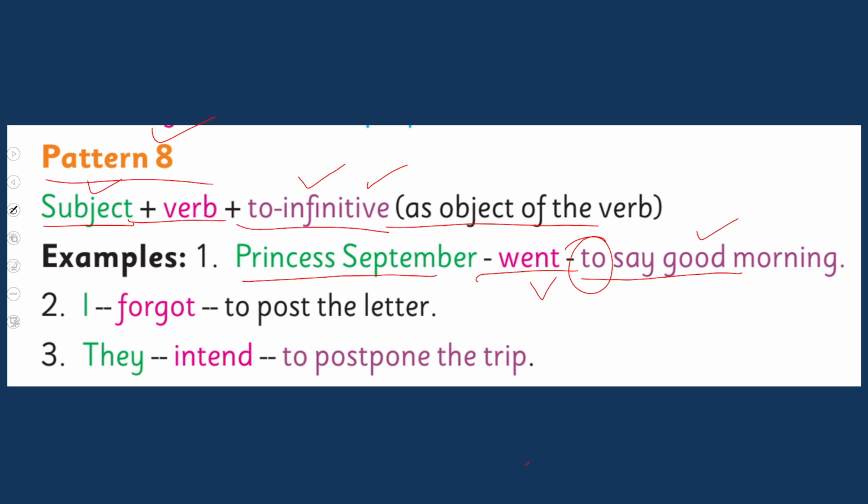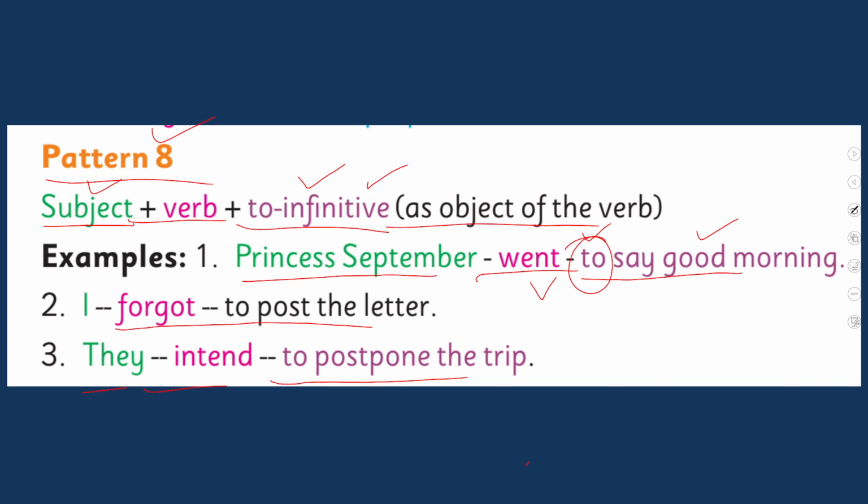Say good morning. This is a verb, to say something. Saying good morning, eating a burger, playing with the cat. But जब हम to लगा देंगे, then it will become an infinitive. I forgot to post the letter. They intend to postpone the trip.